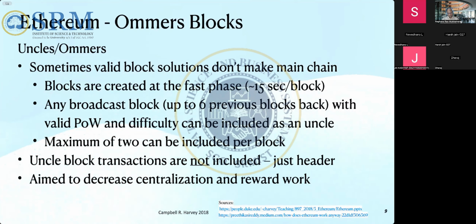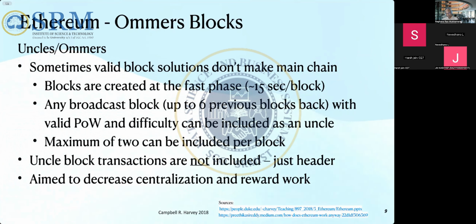So the block creation time in Bitcoin is a bit more, 10 minutes. When you look into Ethereum, the purpose of Ethereum is to run transactions, moreover focused on smart contract transactions, so they wanted to have a very fast block generation phase. For example, the normal block creation period is 15 seconds per block.